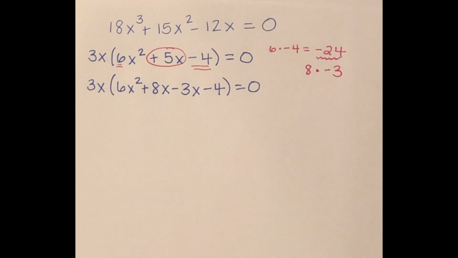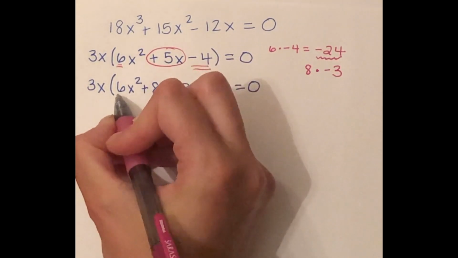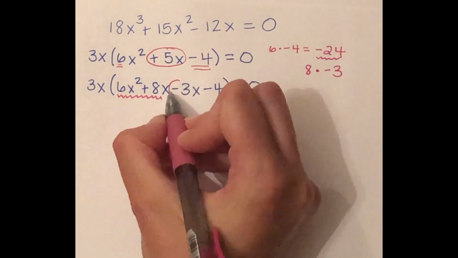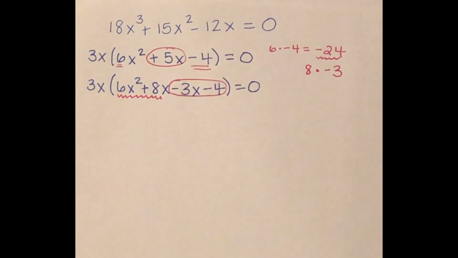Okay, now we're going to group our terms. So when I look at this, I'm going to group the first two terms together, and then I'm going to group the last two terms together.